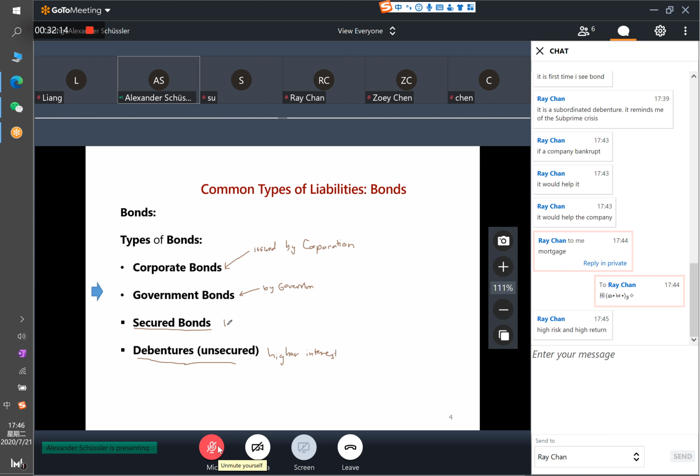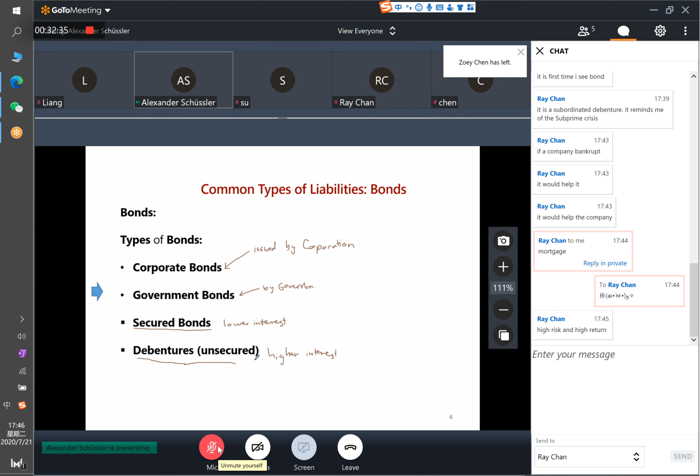And this is lower interest. Typically lower interest. Of course, if there is a company which has a very good reputation, it can also issue debentures and have a low interest rate. But generally, you can say that secured bonds have lower interest rates than debentures.